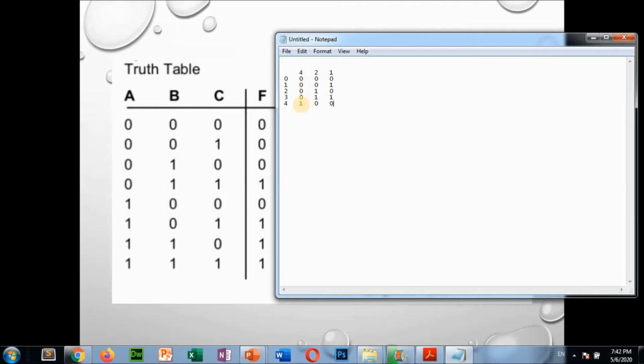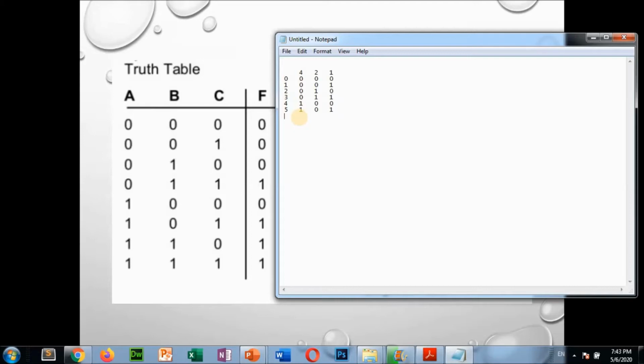Clear? Now for 5, suppose. How will you get 5? See, try to understand. 4 plus 1, 5, isn't it? 2 is not needed. So in place of 4 we have to write 1, and this is 0, and this is 1. 5.